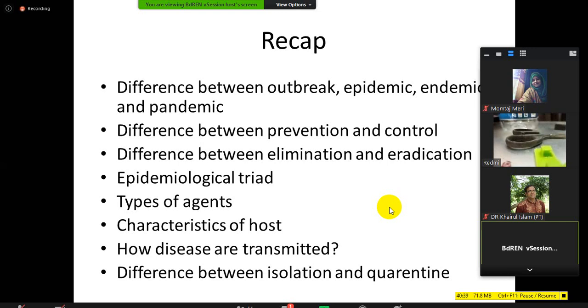When another person touches that table, he can get this virus, and if his hand is not washed, whenever he takes something with his hand, he gets the infection. That is why we should wash our hands very frequently.